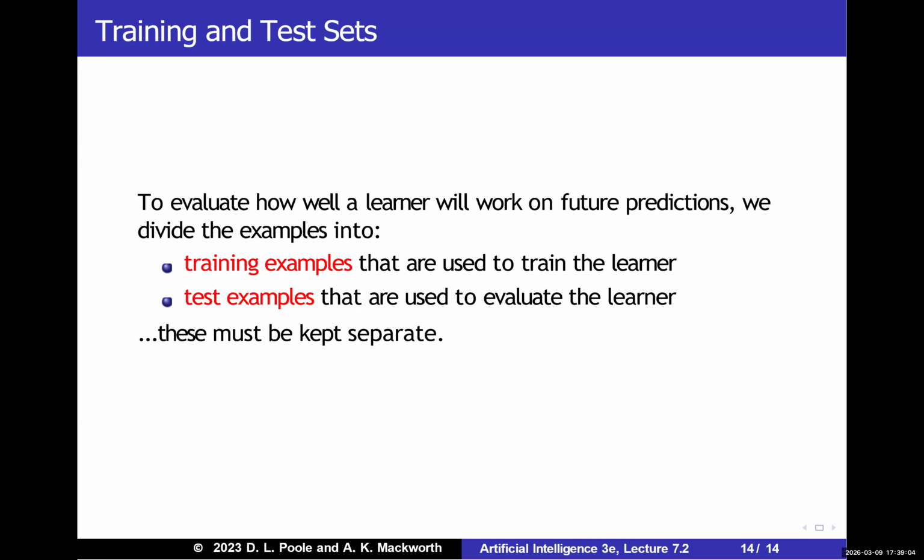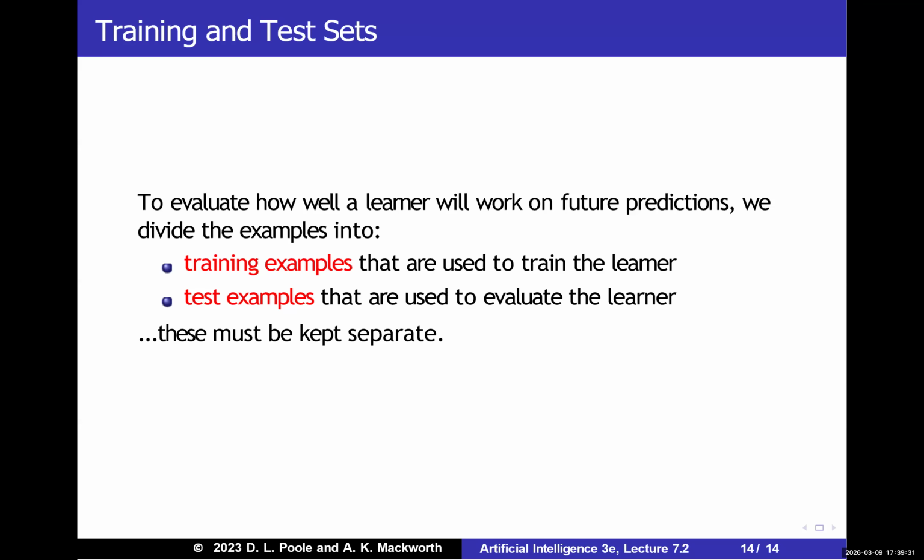The training set is used to build the model by allowing the learning algorithm to analyze patterns in the data. The test set, however, is never shown to the learning algorithm during training. Instead, it is used only after training is complete to measure how well the model performs on data it has never seen before.